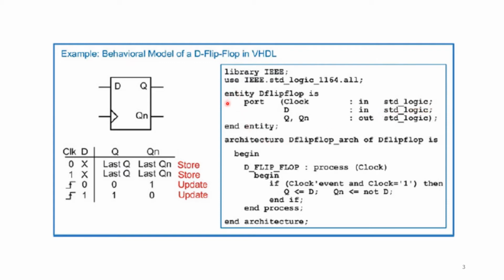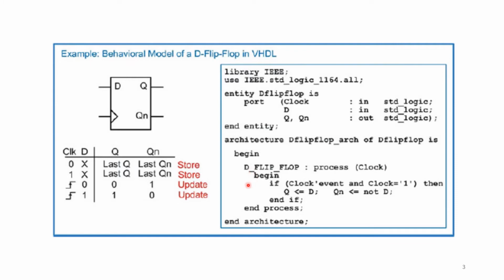So this is your entity part, end of entity, and within the architecture, give the name whatever you like. After begin, you give the name of the process as well, and here the process is sensitive to your clock, so you write the clock. Sometimes it could be sensitive to reset as well, so you will put the reset, but here it is clock.